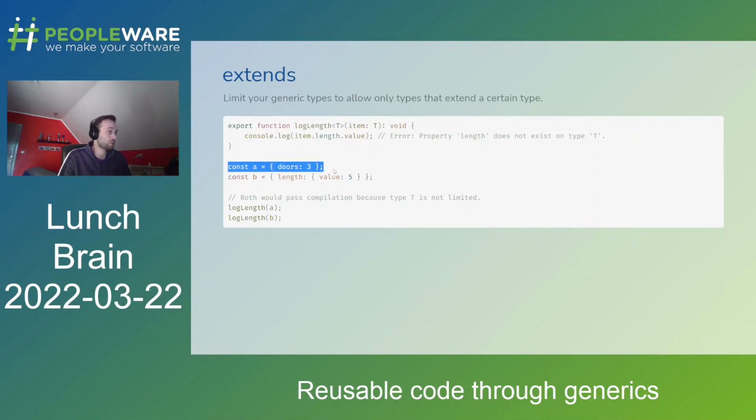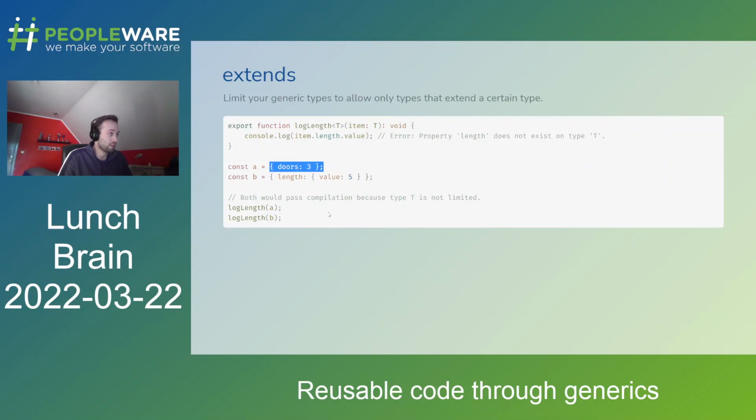So for example, the doors right here, there is no length property, there's no value property. So if we would be passing this as a parameter to the log length function, this would pass compilation because T is not limited. But at runtime, it would cause an issue because there is no length property of which we can extract the value property.